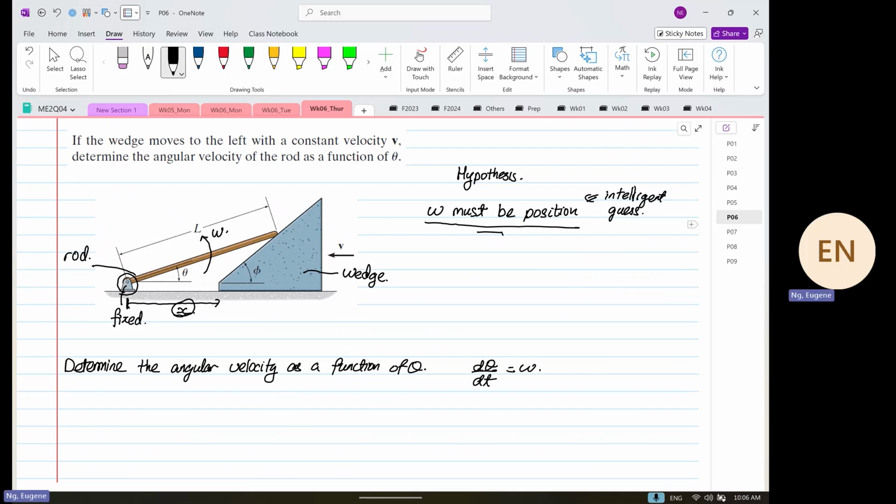So from here, we have to relate the distance x. What do we know? We know that this angle over here is 180 minus phi.